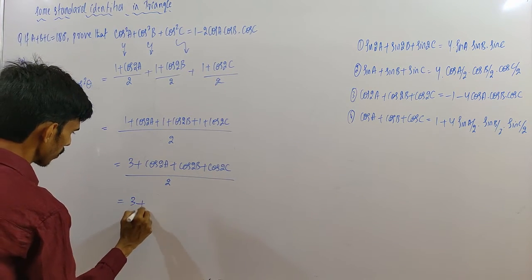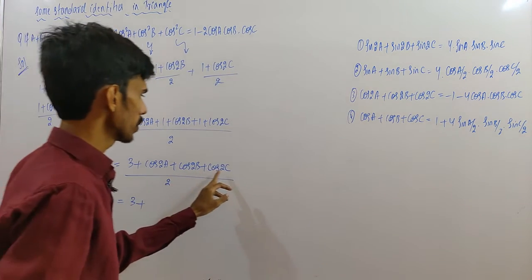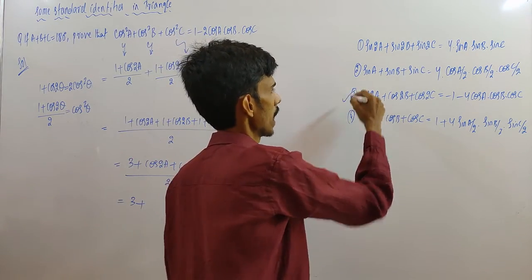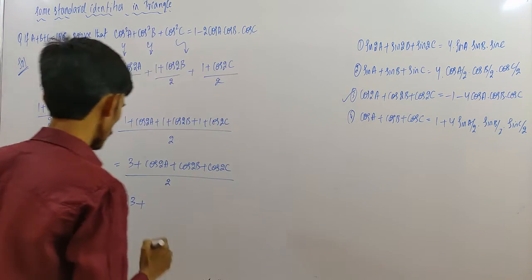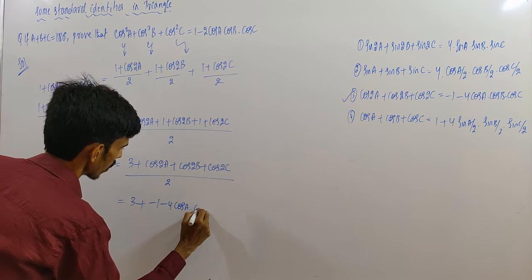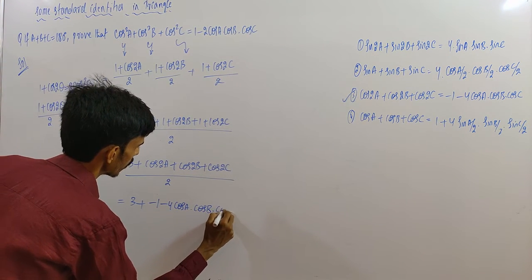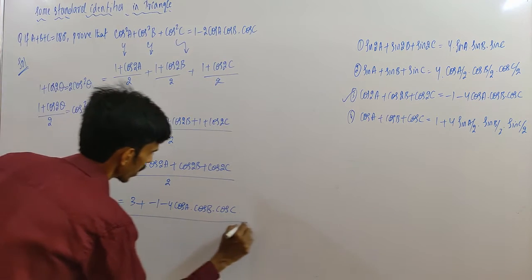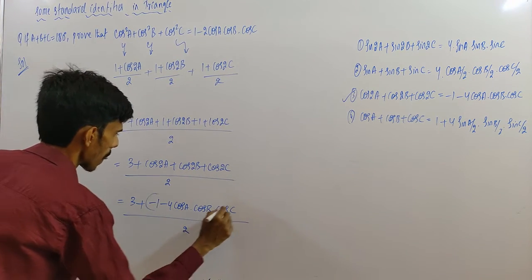That equals 3 plus cos 2A plus cos 2B plus cos 2C. For this identity we have minus 1 minus 4 cos A cos B cos C, divided by 2.